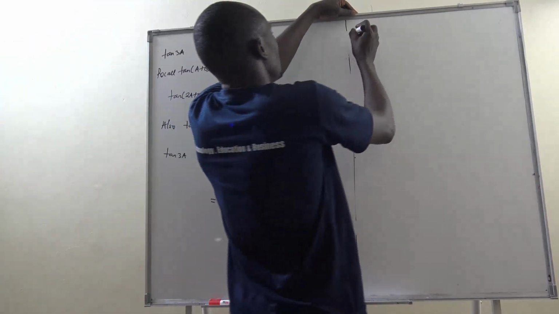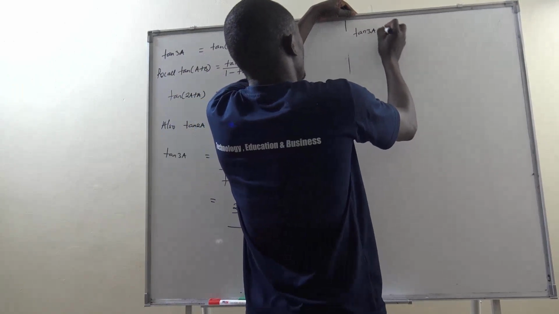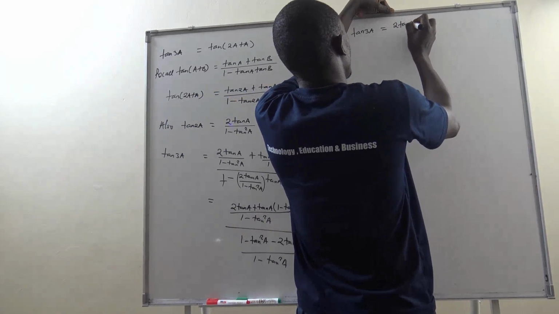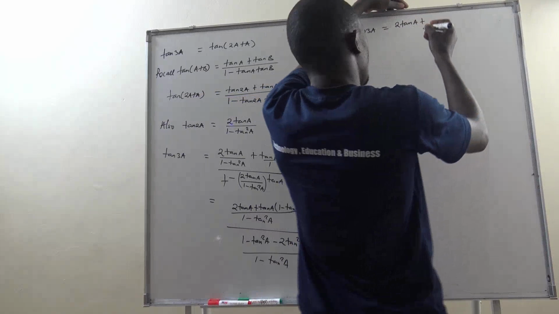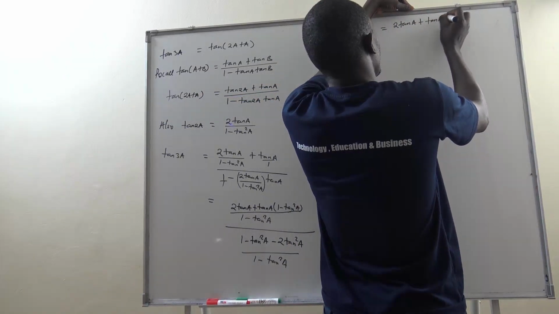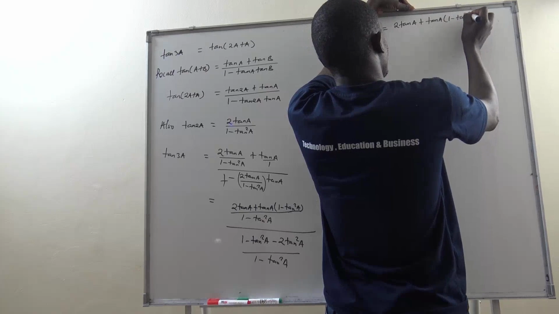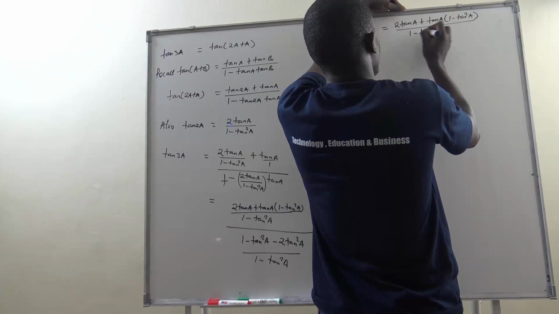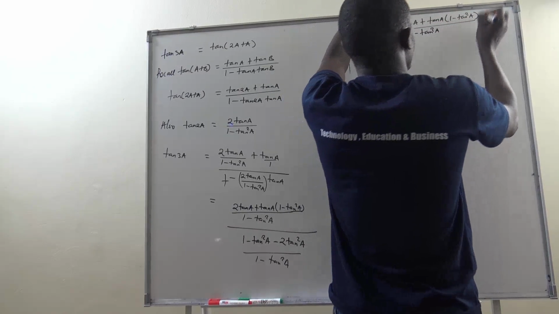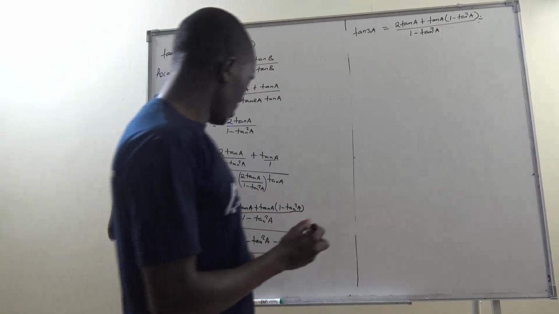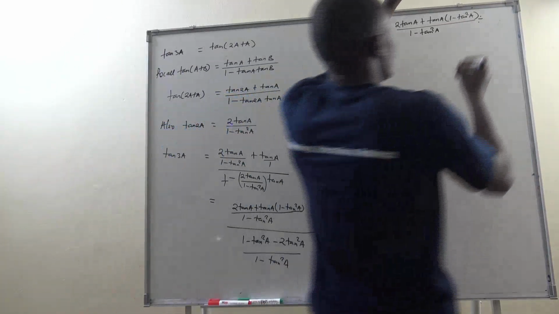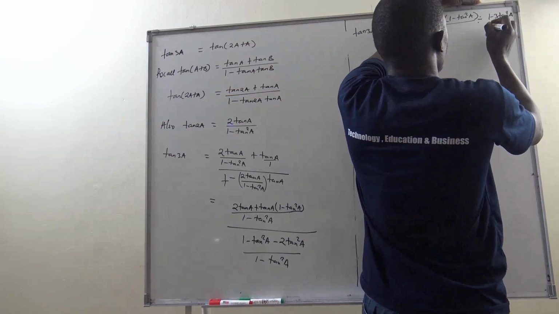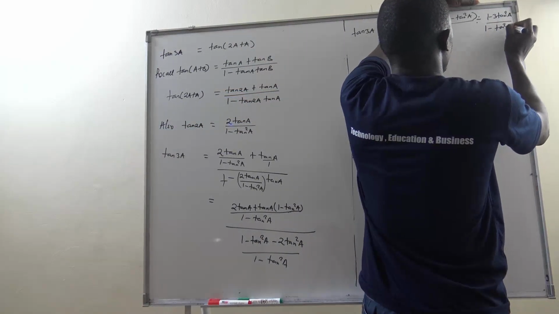So we move on. Tan 3a equals 2 tan a plus tan a into 1 minus tan squared a, out of 1 minus tan squared a, divided by the whole of that one. These ones are the same: 1 minus 3 tan squared a, out of 1 minus tan squared a.